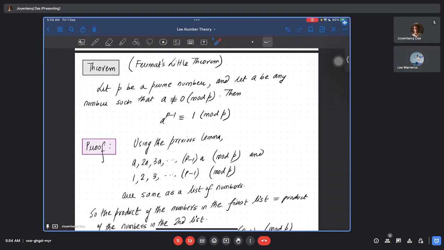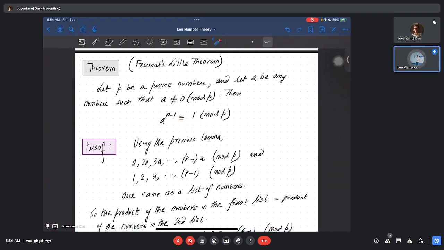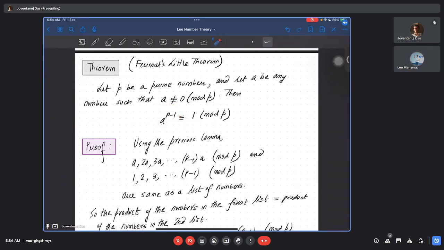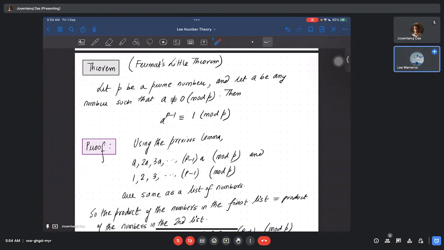So we can say the converse: if this is not equal to 1, then p is not a prime. Otherwise it would contradict Fermat's theorem. Right. Okay.